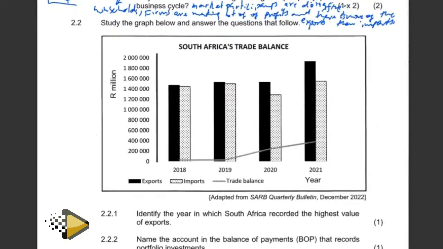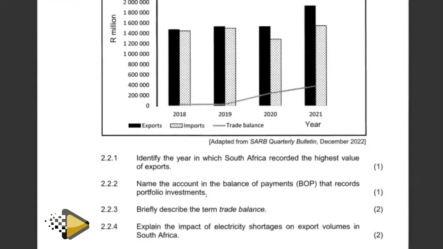Okay, right, grade 12. So now the first question reads 2.2.1, and it needs you to identify the year in which South Africa recorded the highest value of exports. So you should be in a position to know the key words or the key terms there. This is how exports are symbolized, and this is how imports are symbolized.